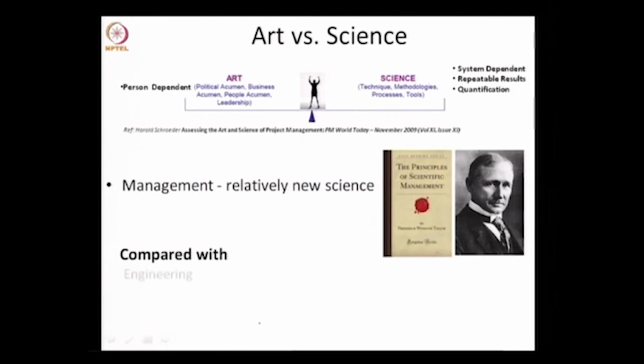So let us say you compare it with engineering. Most of you have taken a lot of courses in, say, structural engineering. So structural engineering, art or science? It is much more of a science. There is art in it, but certainly it is much more of a science, there is no doubt about it. But if you go back a few hundred years, was structural engineering art or science?